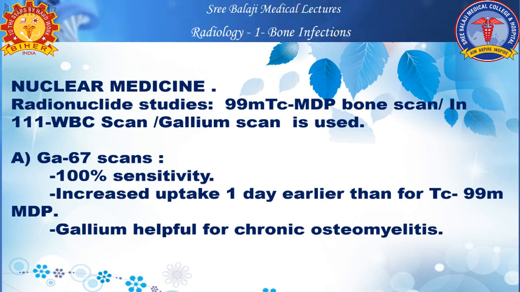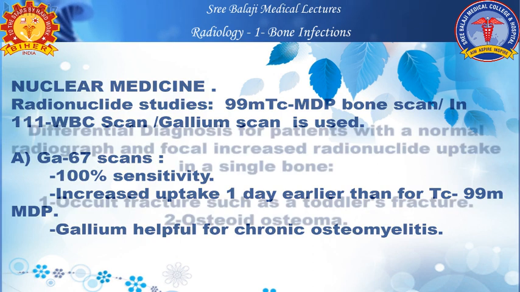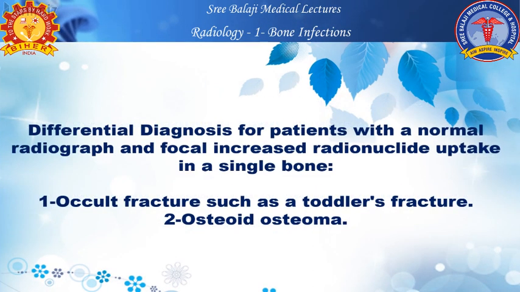The persistence of abnormal uptake during the delayed phases is specific for inflammation. There are a few mimickers of osteomyelitis which can show positive nuclear uptake, that is, occult fractures and osteoid osteomas.